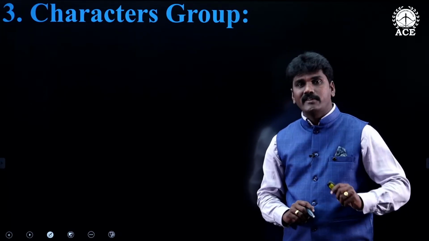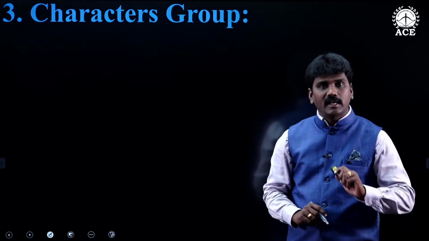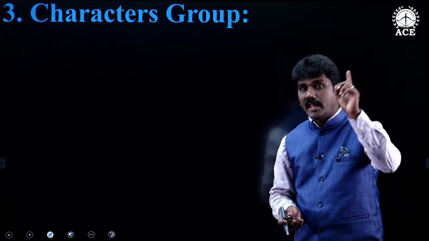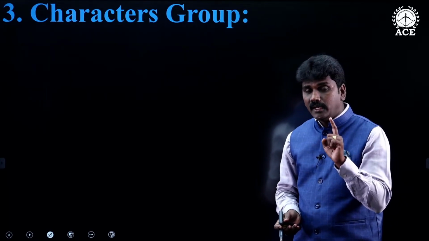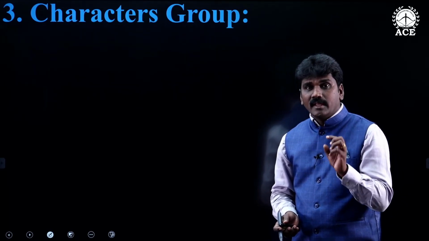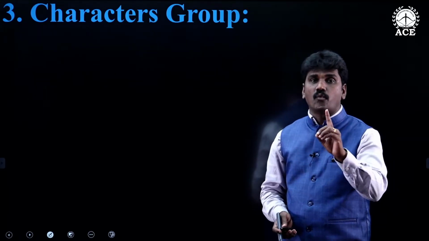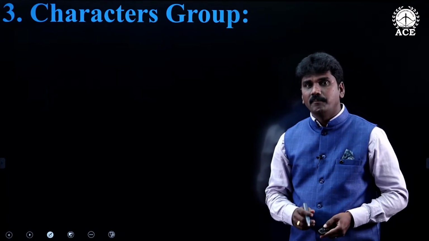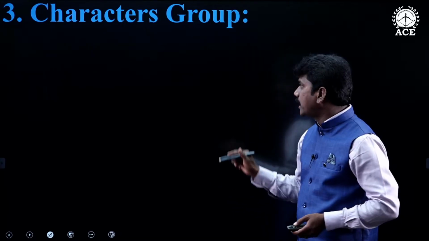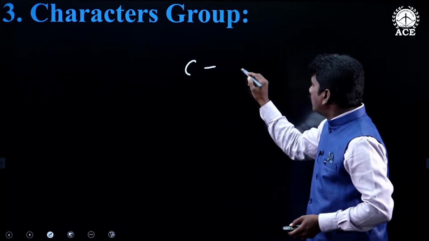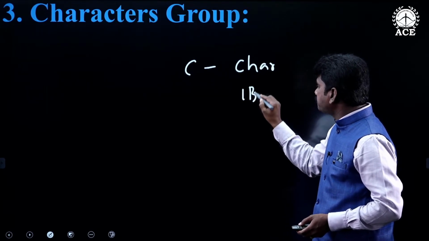It also has a character data type. In C language, the size of the character is 1 byte. Why 1 byte? Because C language follows the ASCII standard.